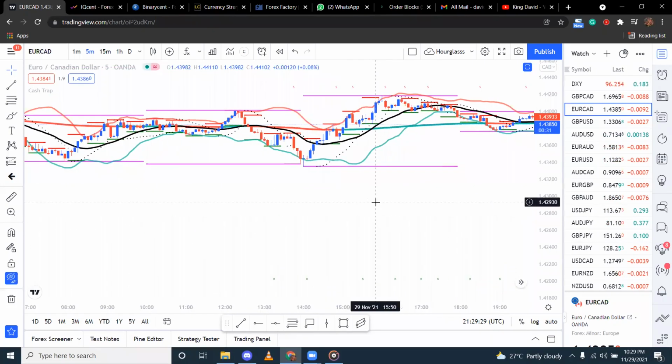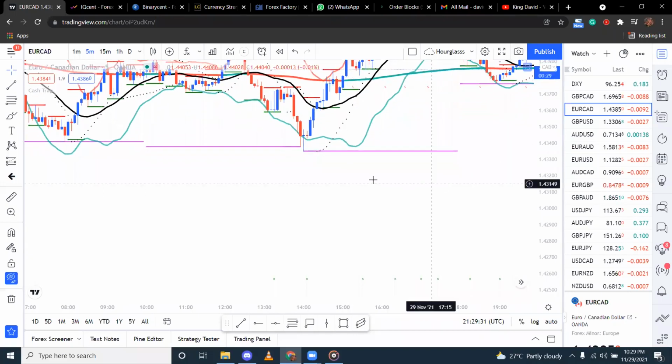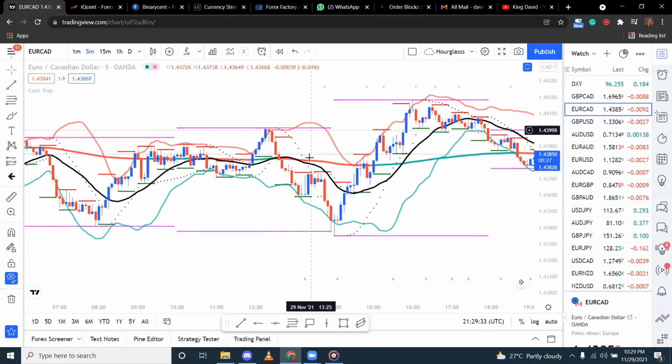Right. The first thing we can see right now is the Bollinger Bands. We have the top Bollinger Band, the lower Bollinger Band and the middle one. The middle one that you see there is the 20 EMA, exponential moving average, which is added because there are some moving averages that are common that the market respects.